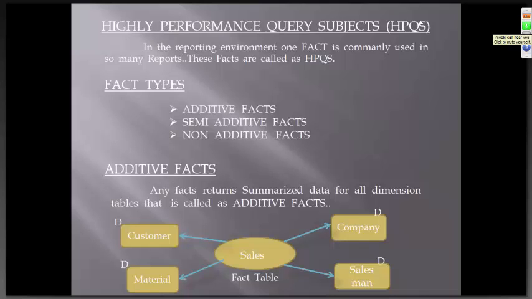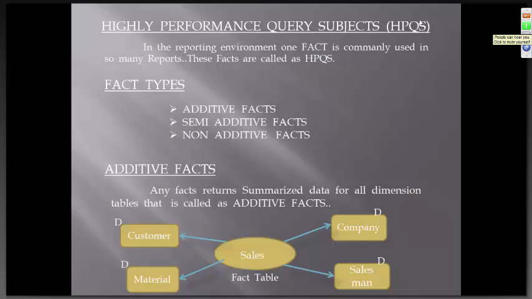For example, we have 10 dimension tables, so one fact table and 10 dimension tables in the schema. In this particular fact table, we have one fact column, and it can be three different types: additive fact, semi-additive fact, and non-additive fact.